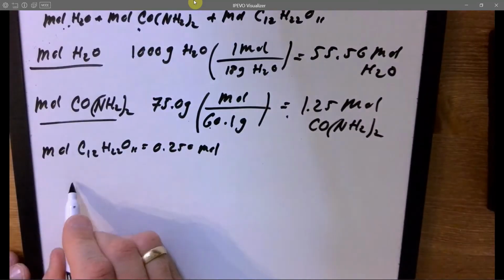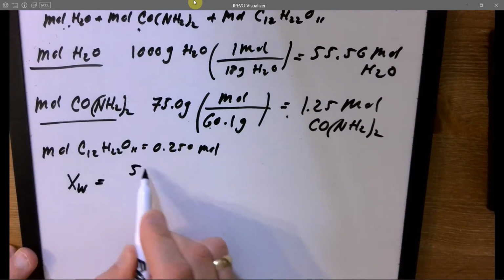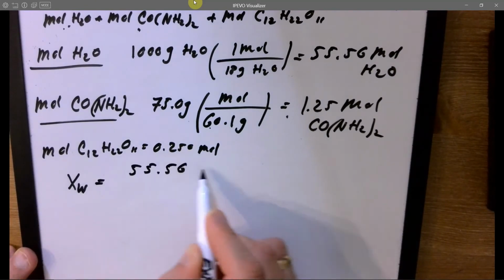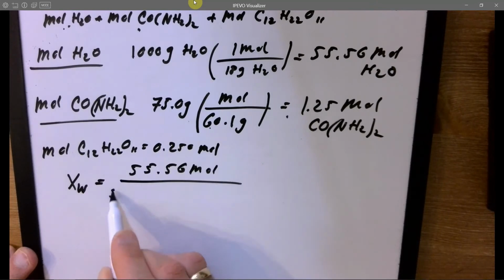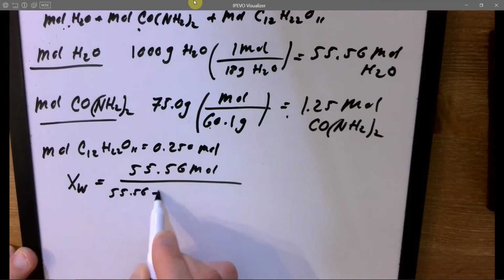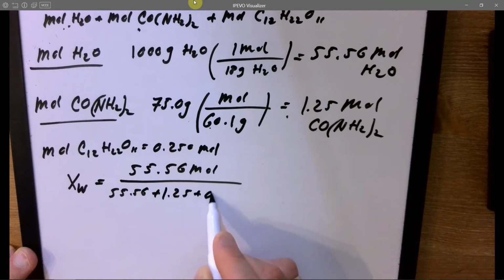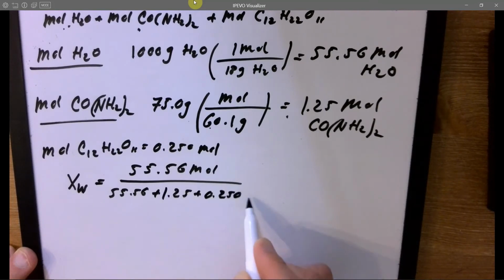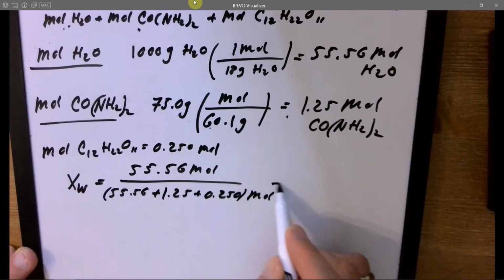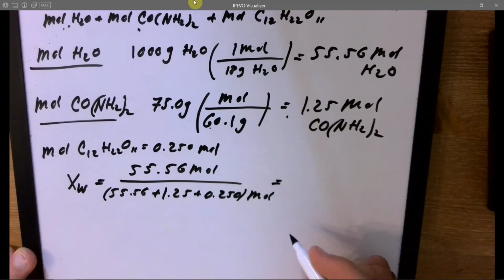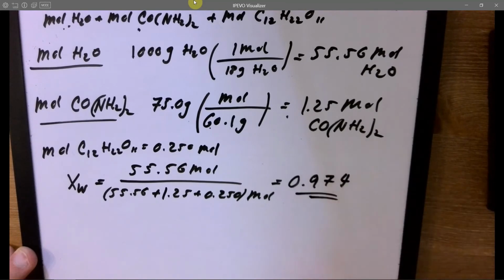X for water is equal to 55.56 moles of water divided by 55.56 plus 1.25 plus 0.250 moles, and this entire X ends up being 0.974 as the mole fraction of water.